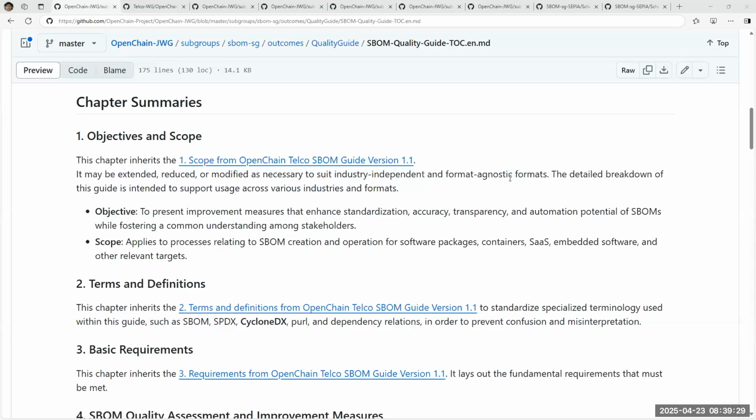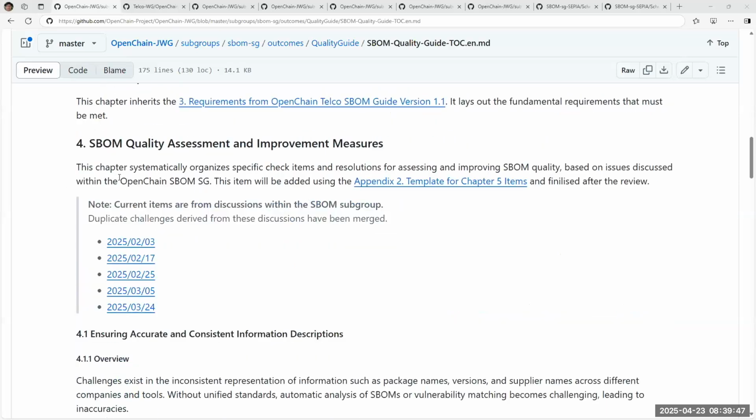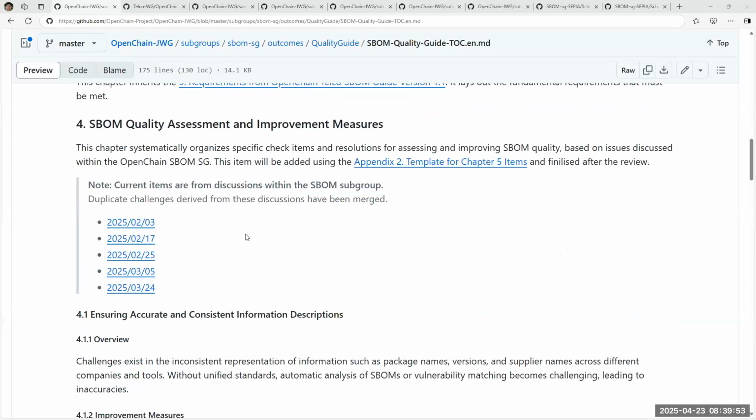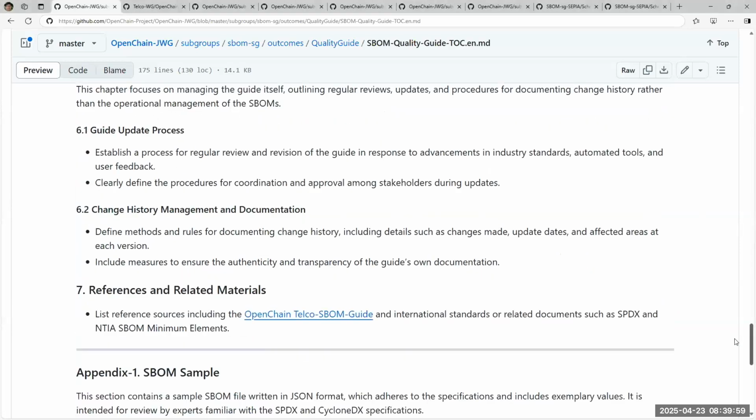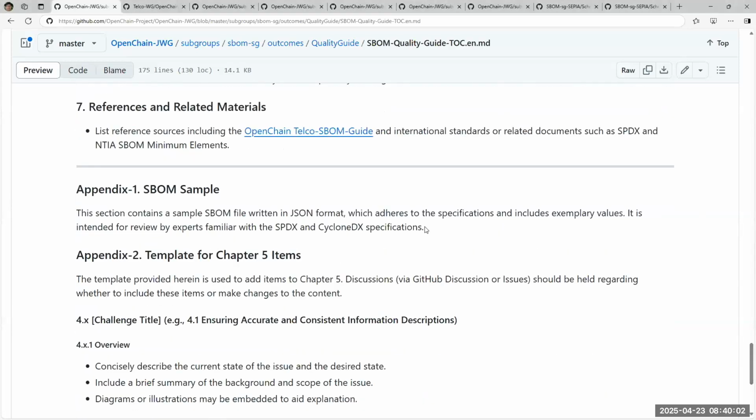This is the main difference between the two. Also, we discussed the actual challenges and issues of SBOM document operations in our industries, so we'd like to add those situations and how to solve them. And lastly, we'd like to add actual SBOM samples in JSON format for CycloneDX and SPDX. These are the main differences between the two.